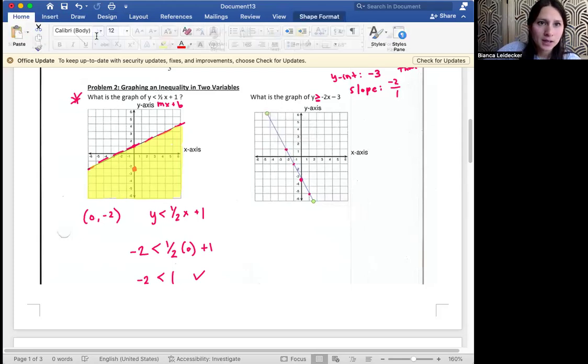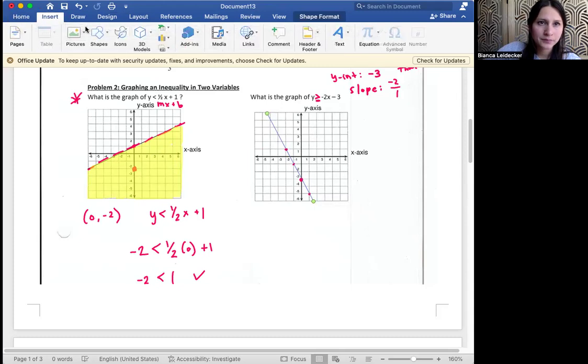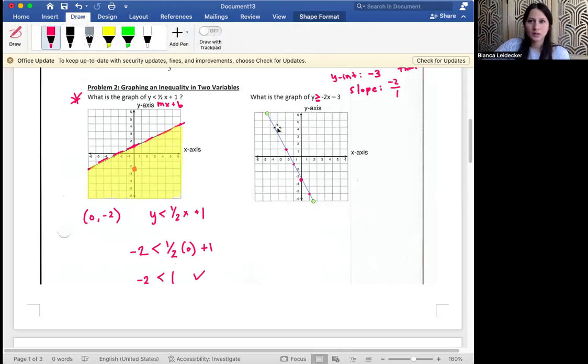Okay. Now I'm going to pick a solution either to the left or right or above or below, right? So I'm looking at this, and maybe I'll pick 0, 0. That always makes my math easier, right? So I'm going to pick 0, 0. And then that means I'm going to replace y with 0: 0 is greater than or equal to -2 times 0 minus 3. And so 0 is greater than or equal to -3.